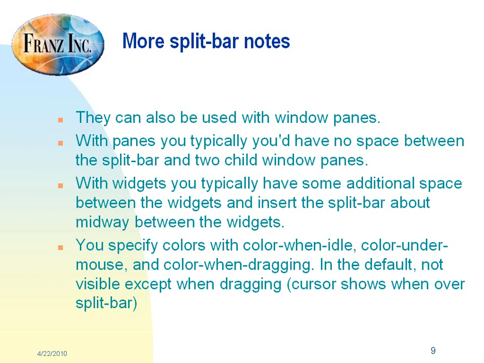You have the window panes flush one with the other and the split bar between them, so you can basically increase the size of one and decrease the size of the other of the child windows. With widgets, you typically have some space between the widgets and insert the split bar midway between them, which is what we did with the dialog example with the 3 widgets.